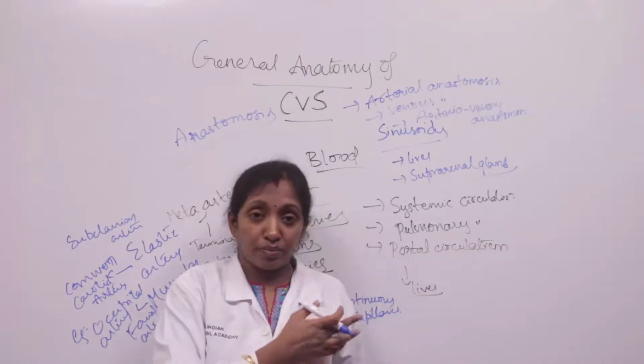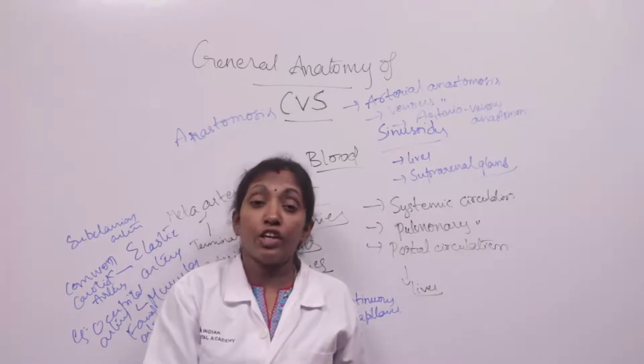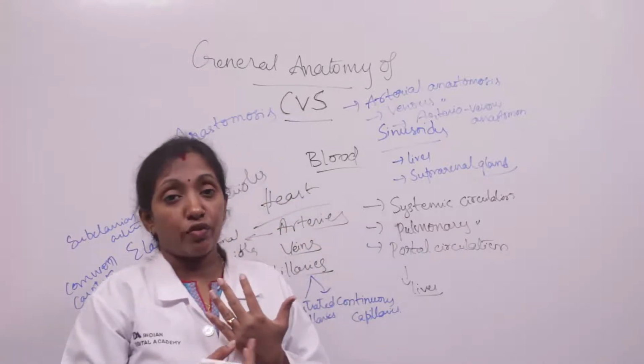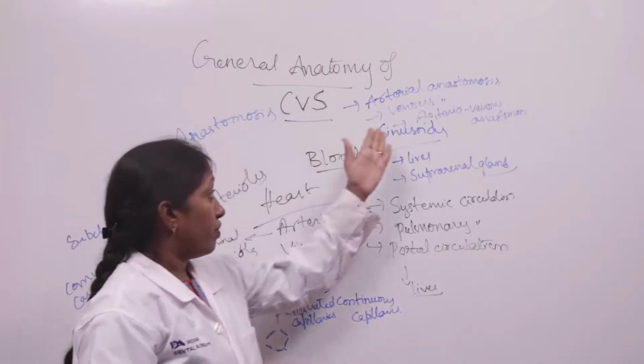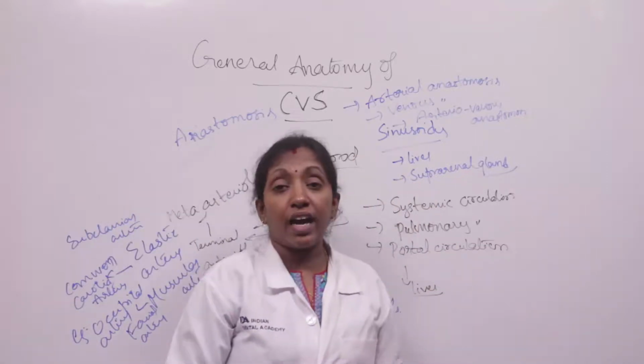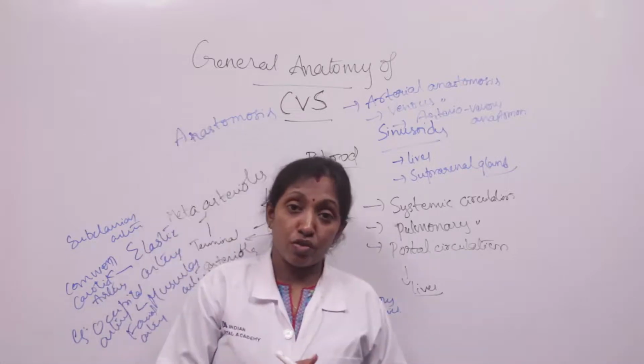Venous anastomosis we can see in the plantar arch and the dorsal venous arch, where veins directly combine with the veins of the opposite side. In arteriovenous anastomosis, the branches of the artery combine with the branches of the vein.